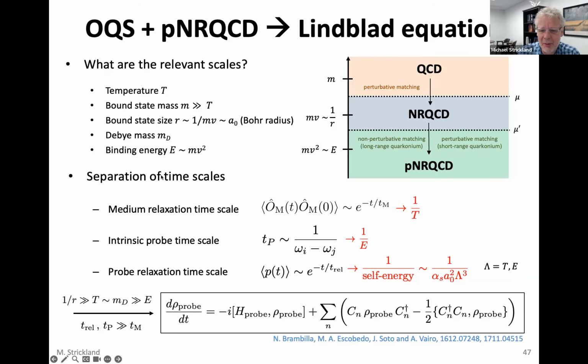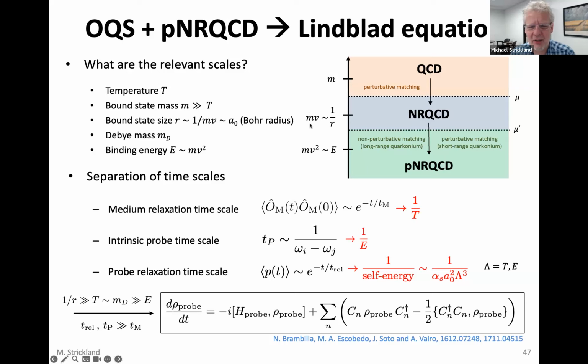So the way that we're going to compute these jump operators for our specific case is by using a sequence of effective field theories. We start with QCD. We have some very heavy quark or bound state in this case, of mass M here. And I can integrate out this scale M to obtain something called non-relativistic QCD. There's a next scale down, which is the soft scale.